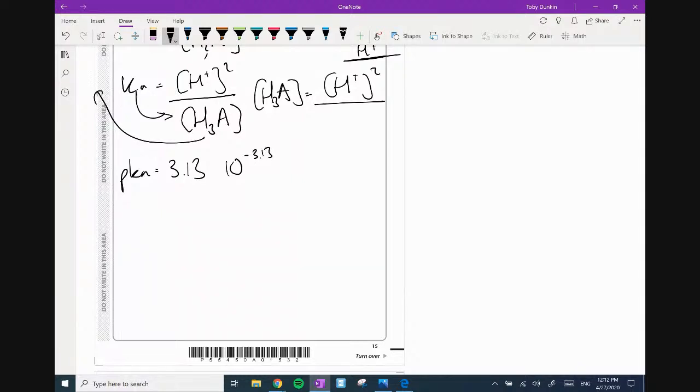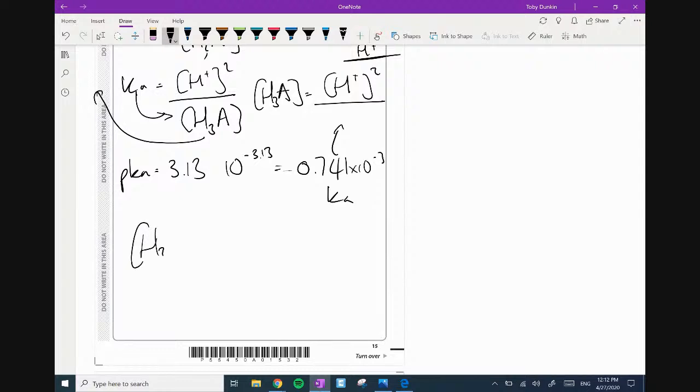I think it's a bit of a mean thing, because they're making you do two things twice. Shift eng, there we go, which equals 0.741 times 10 to the minus 3. Right, so that's the Ka value. Put that in there.